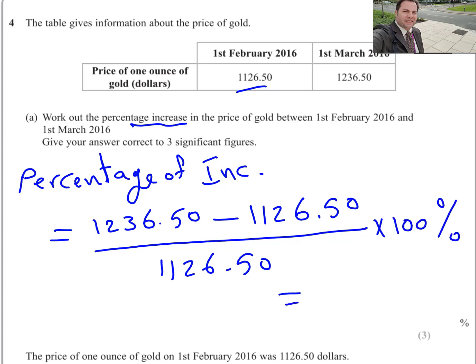You will get the same answer, which is 9.76 to 3 significant figures.